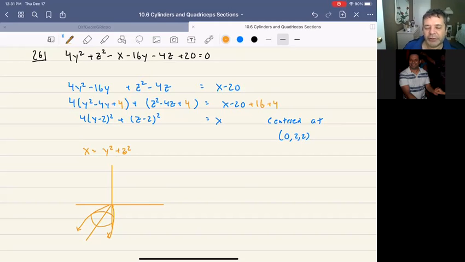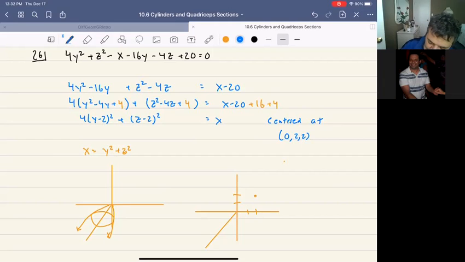Now we're going to move it a little bit. The actual paraboloid is going to be centered at 0, 2, 2, and then it's still going to go out that way.